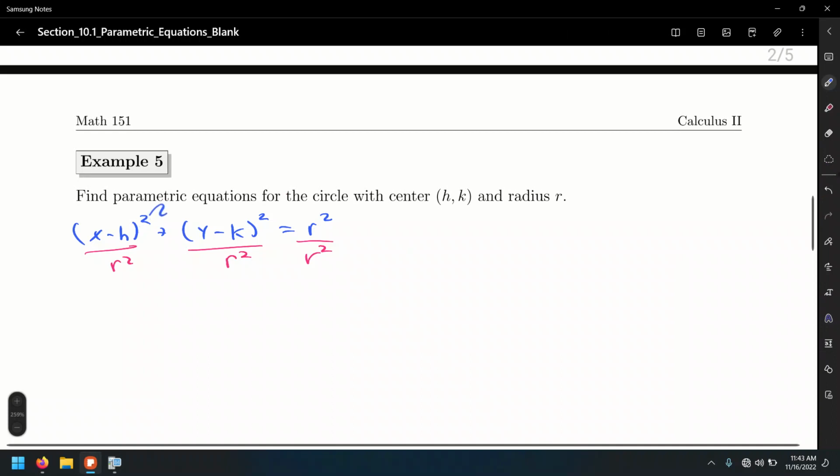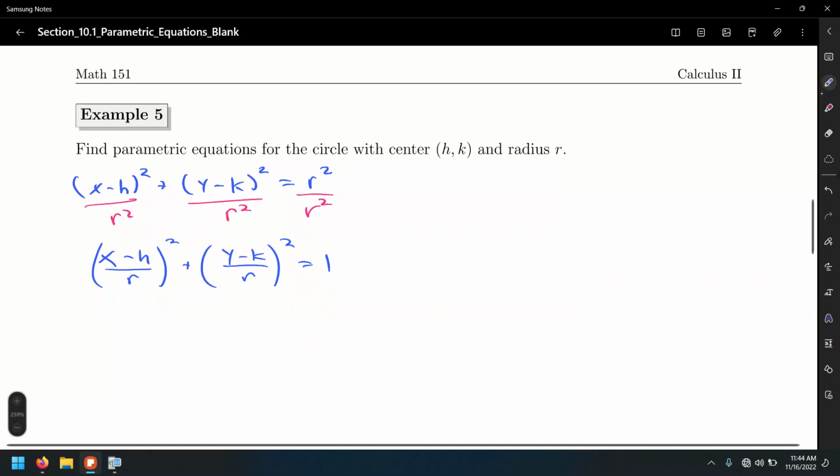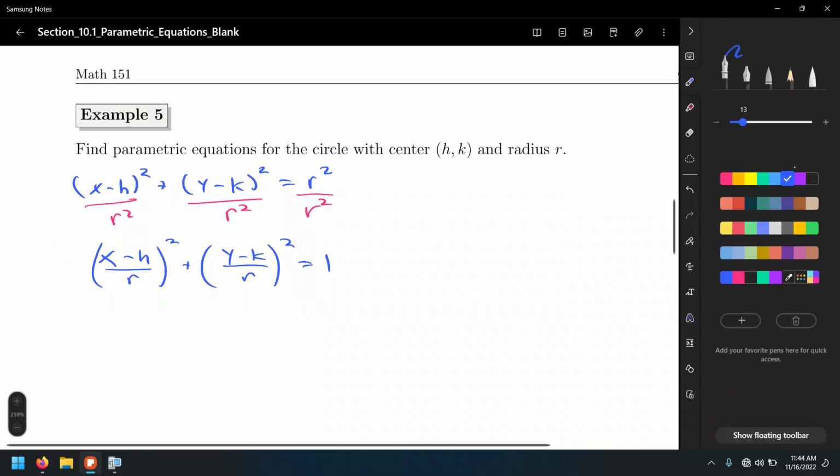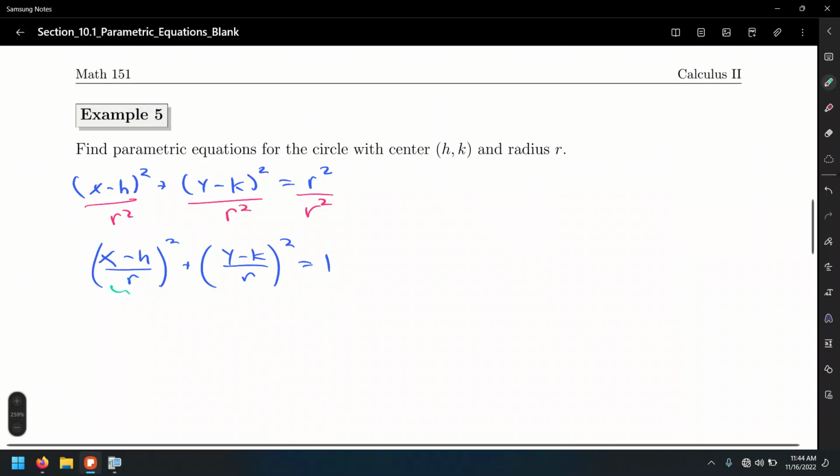So we want a 1 on the right hand side of the equation. So what do we have? Quantity squared over quantity squared. How about the whole quantity, (x minus h) over r, quantity squared. Well, in this case, I'm going to describe the counterclockwise version. So let this guy be our cosine t, and let this guy be our sine t.